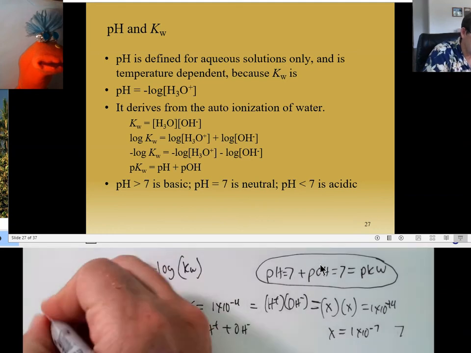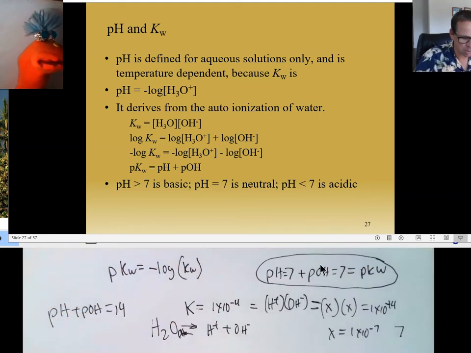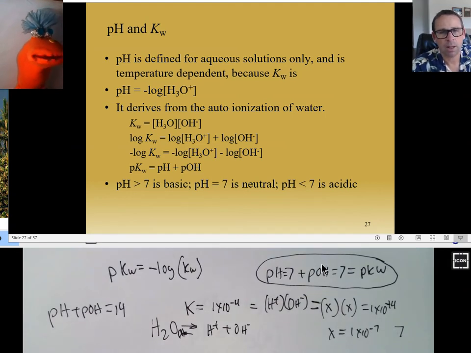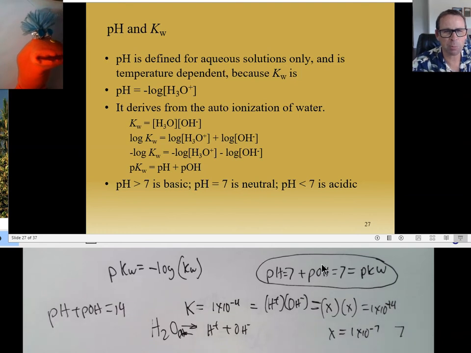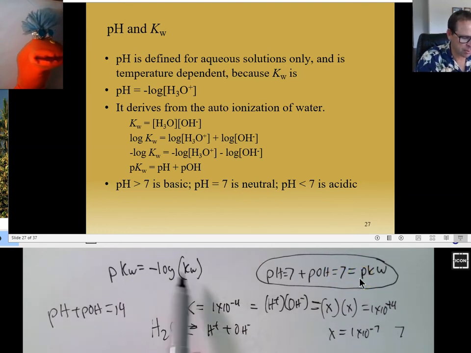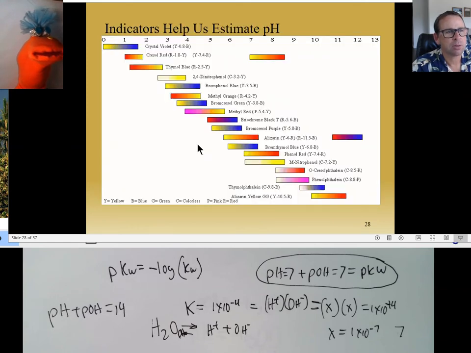Students generally say pH plus pOH equals 14, because pKW is 14. We have to know where that pKW comes from, right? The pKW is the negative log of KW. That KW, where does that come from? KW is the concentration of hydrogen ion times the concentration of hydroxide ion in water. All right?